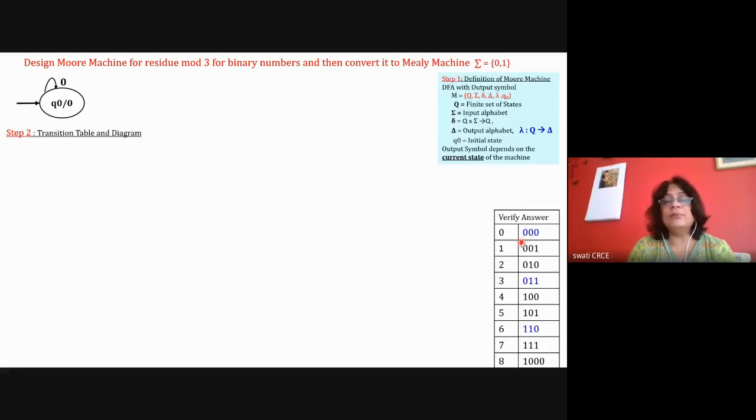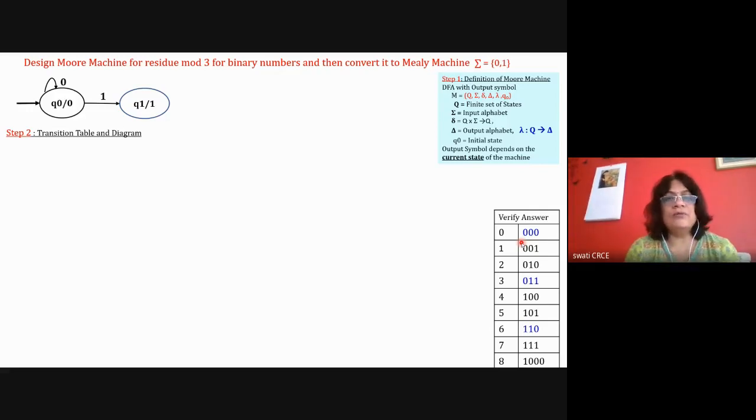If the input is divisible by 3, the output symbol generated will be 0. So for 000, you get the output as 0. But if the number is not divisible by 3, then you get the output as 1. Okay. Have you understood? I'll just repeat this again.